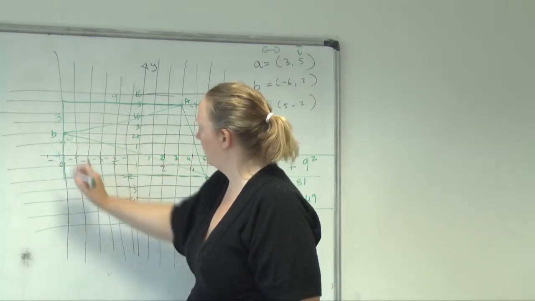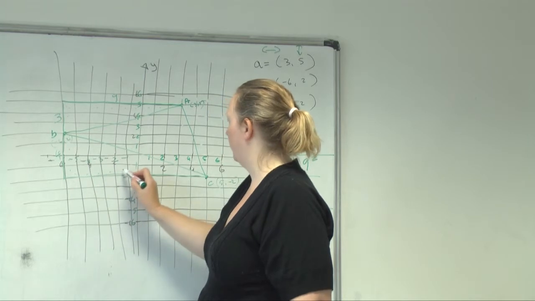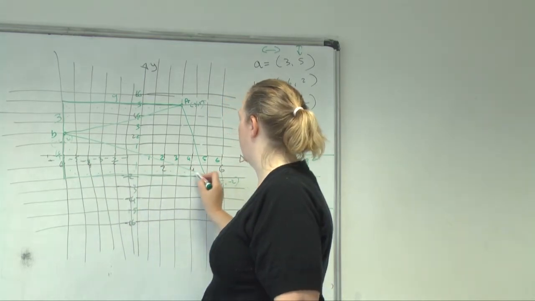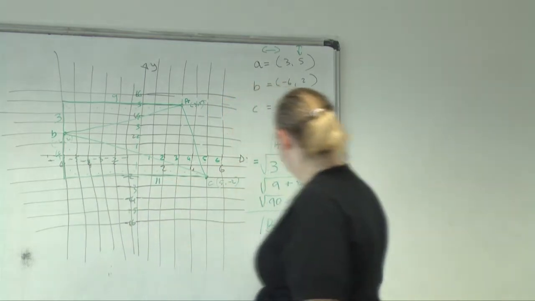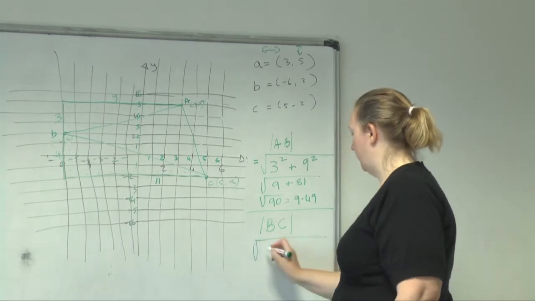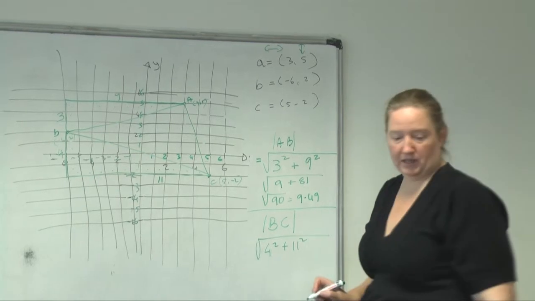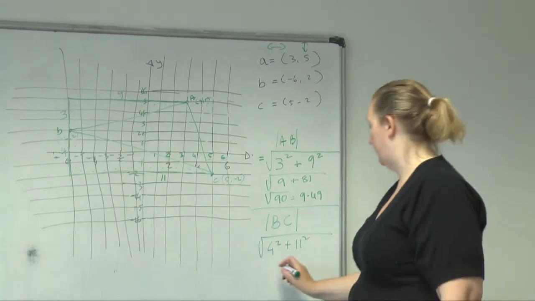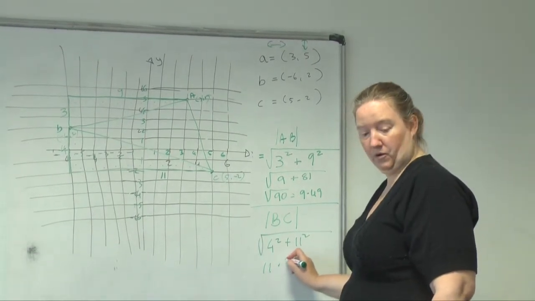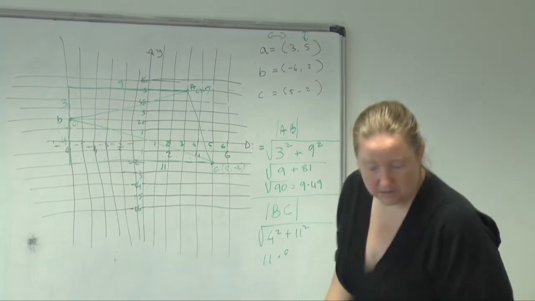So length of this side is 4. 1, 2, 3, 4, 5, 6, 7, 8, 9, 10, 11. That's 11. So it's the square root of 4 squared plus 11 squared. Put that straight into your calculator and you'll find out that it's 11.70.